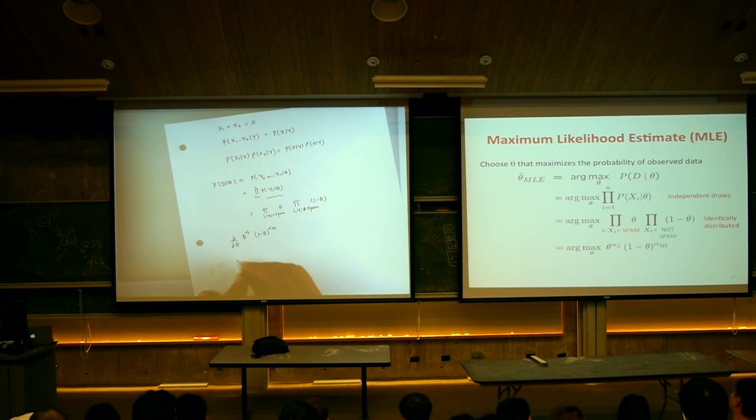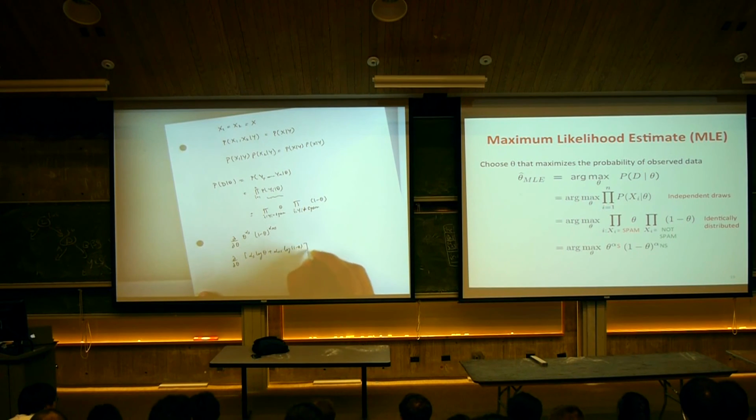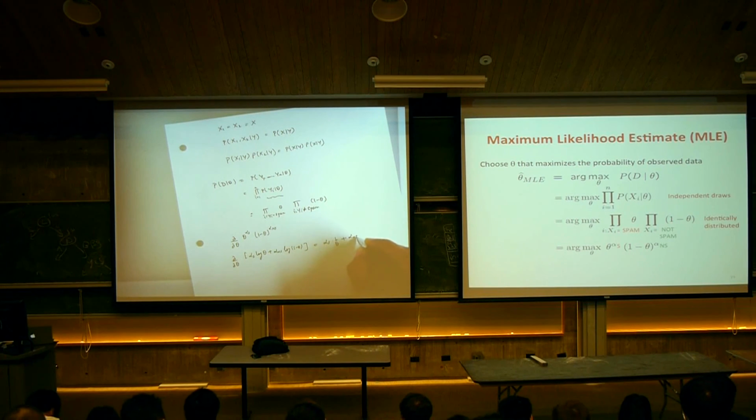So let's instead take the log of this quantity, which is alpha S log theta plus alpha NS log of 1 minus theta. Taking the derivative, we get alpha S times 1 by theta, and minus alpha NS over 1 minus theta, and let's set it equal to 0.